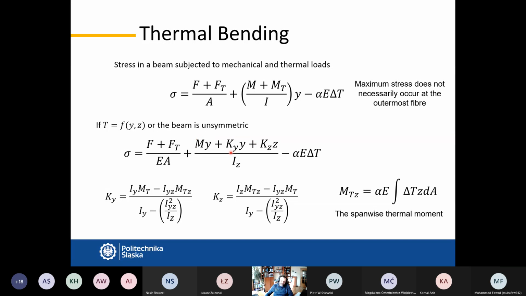This is the same story as before, but here we have two moments which can be generated. The moments are hidden in the factors ky and kz. They are given here.